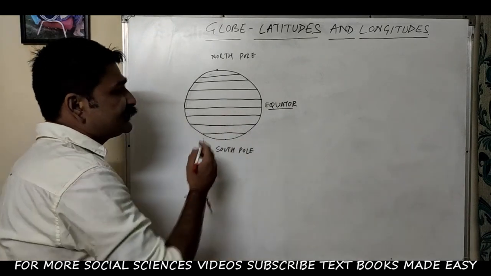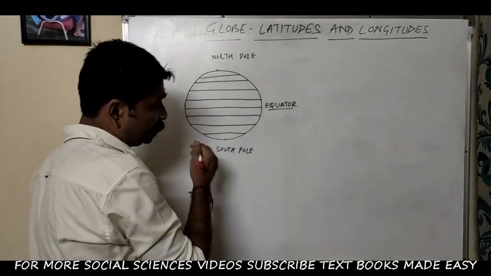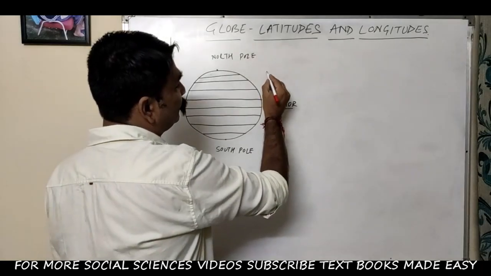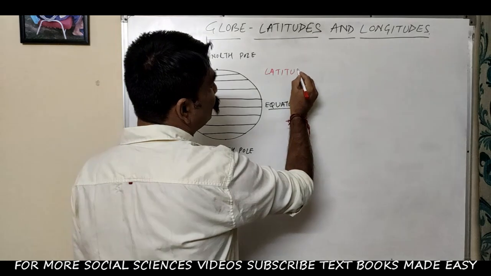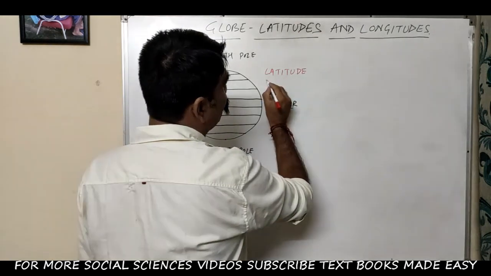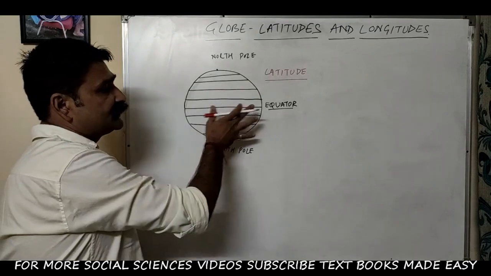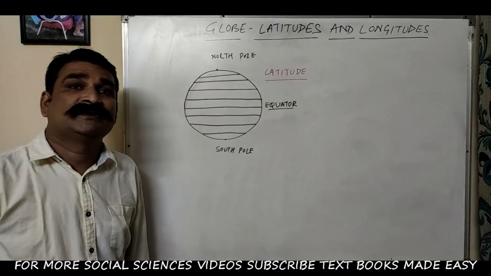So these are the lines which are parallel to the equator, and all these lines are given a name, and that name is latitude. Okay, all these lines which are parallel to the equator are known as latitude.